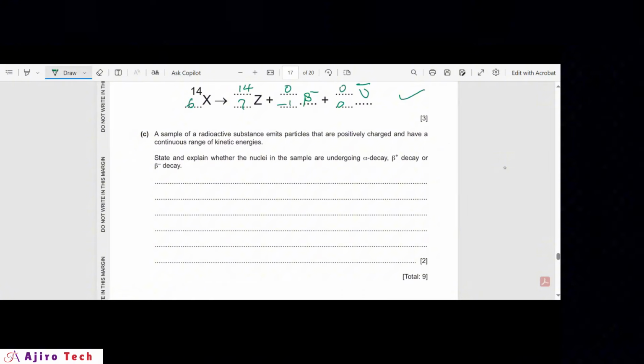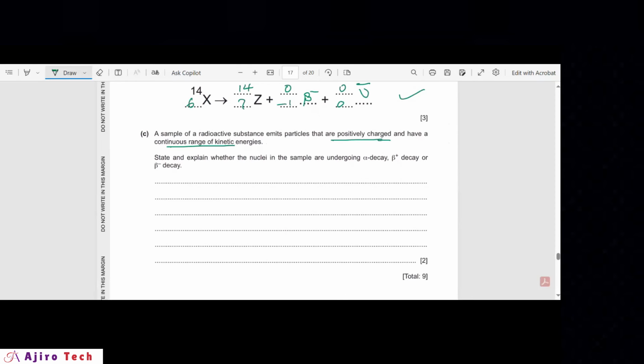Now this one says a sample of radioactive particles are positively charged and have a continuous range of energy. A continuous range of energies indicates a beta particle. So take notes here.